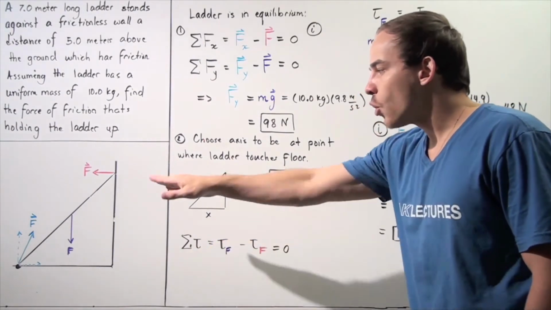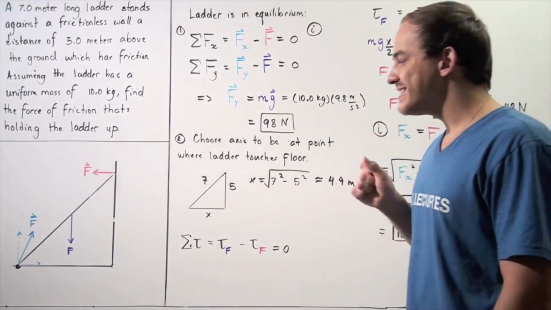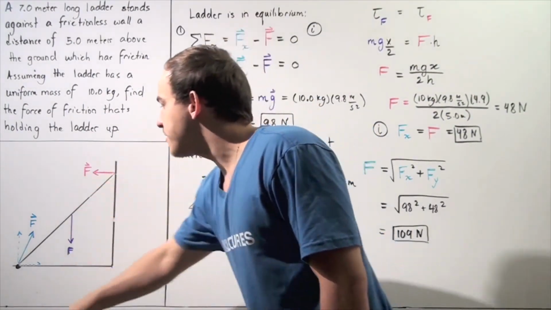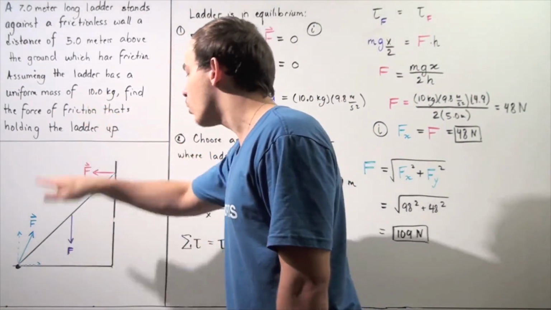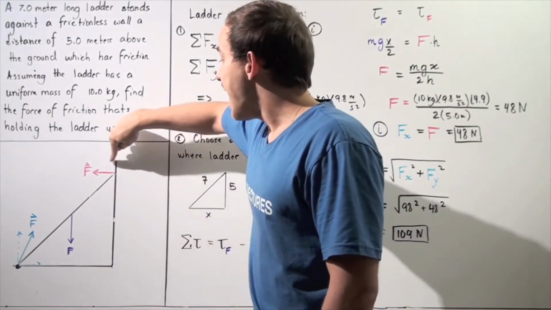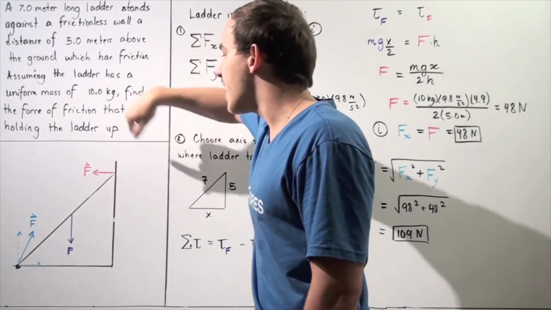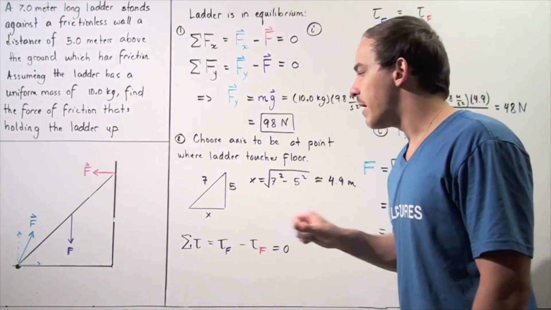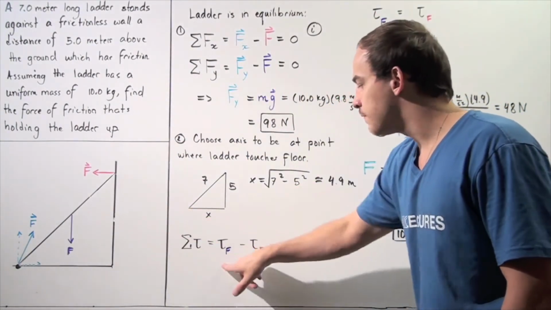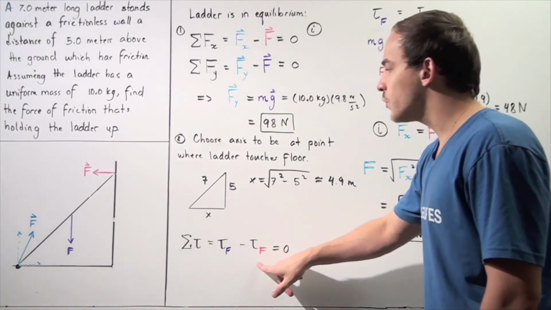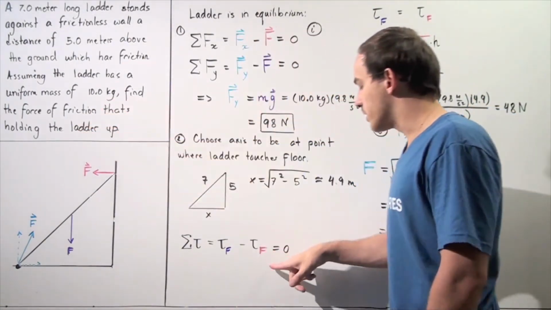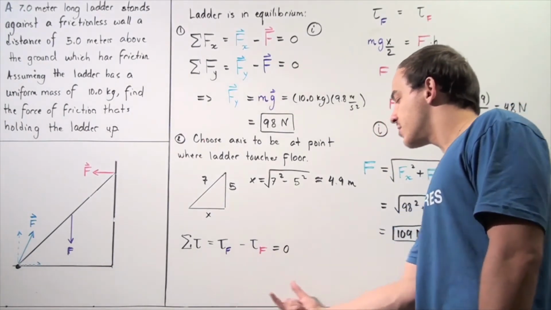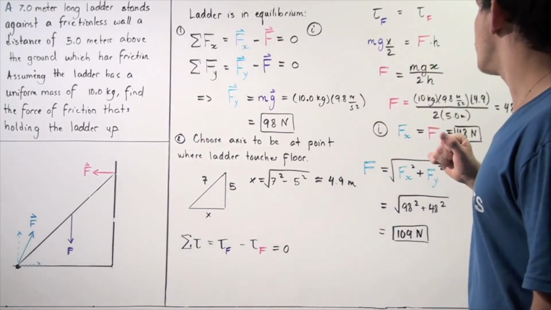The sum of the torques acting on the object is equal to 0. We choose this torque going in the clockwise direction to be positive, and this torque going in the counterclockwise direction to be negative. So torque created by the force of gravity, the purple force, minus the torque created by this red force is equal to 0. We take this torque and bring it to the right side. We get the following result.